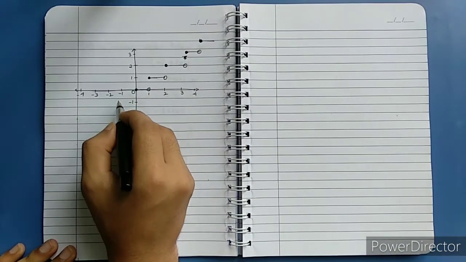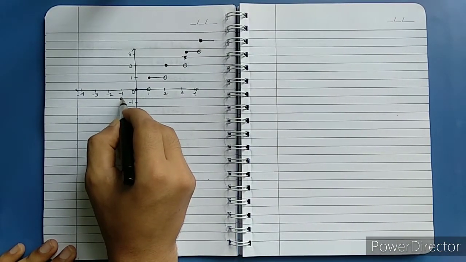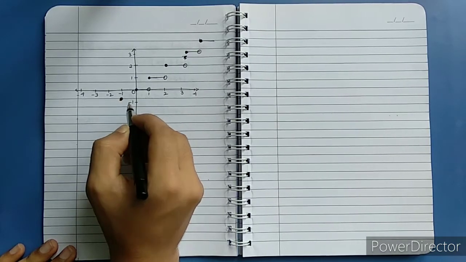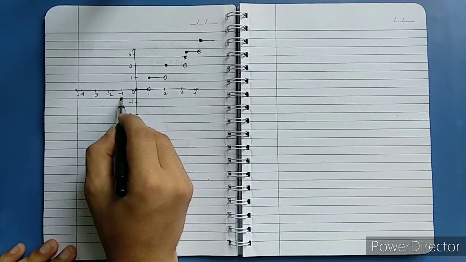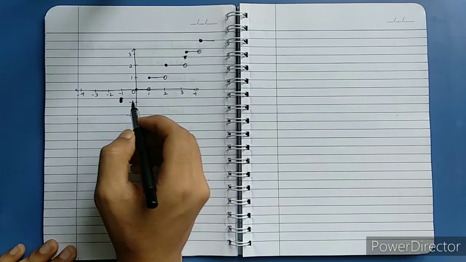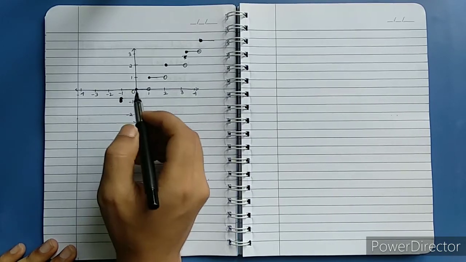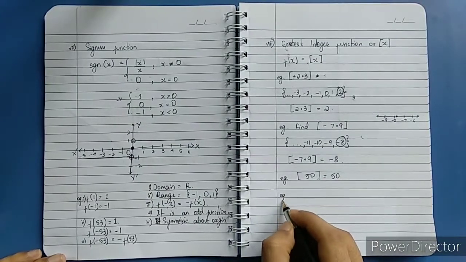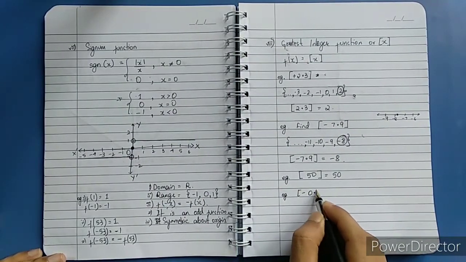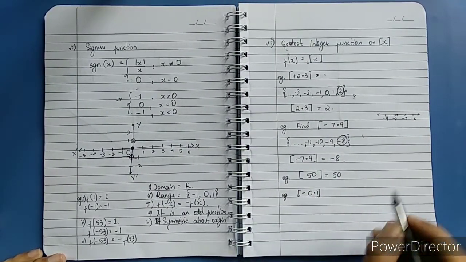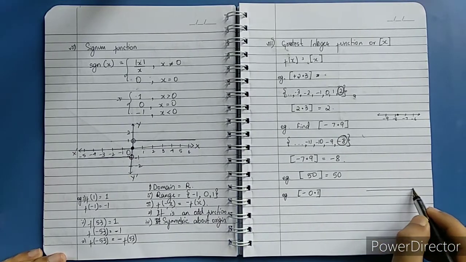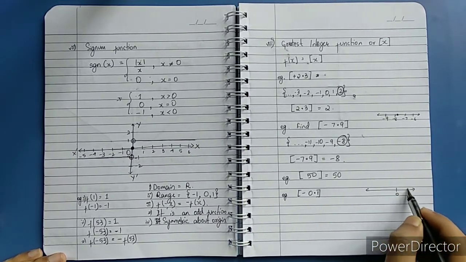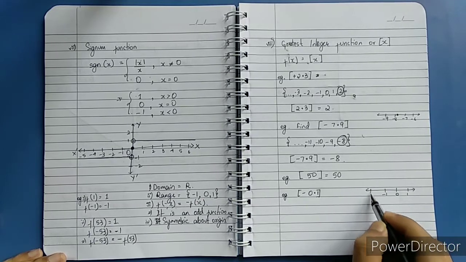Say box of minus 1 is minus 1, and say minus 0.1. So the box of minus 0.1, if I say, where does it lie in the number line? 0, 1, minus 1, minus 2.